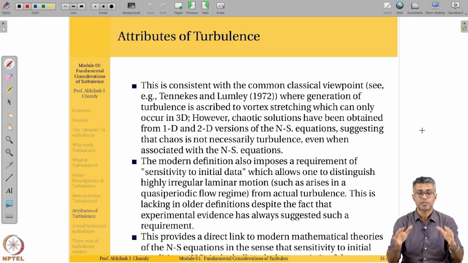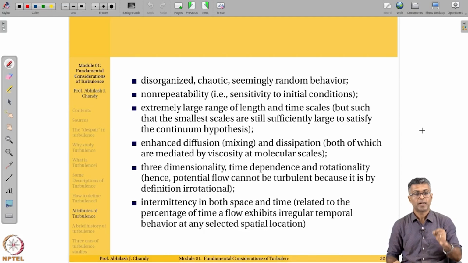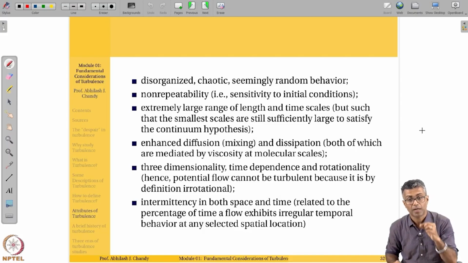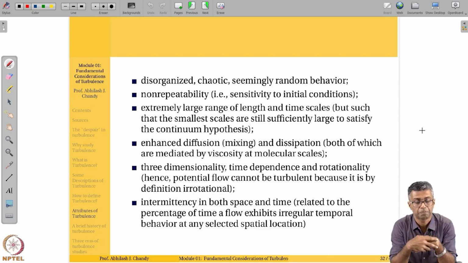So based on this definition, based on our description of turbulence and different experimental observations, we can list a certain set of attributes of turbulence. And we'll cover all of this in detail in the coming classes.